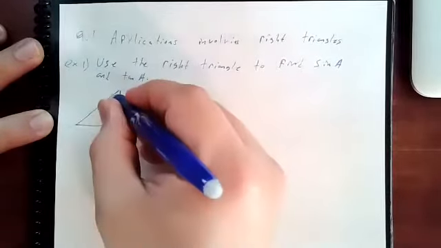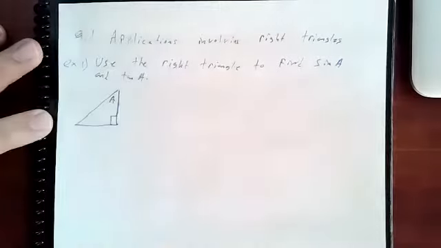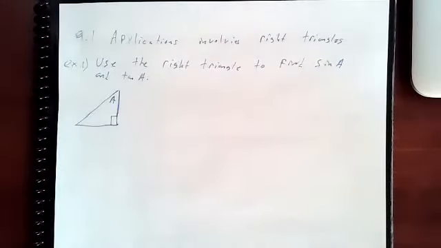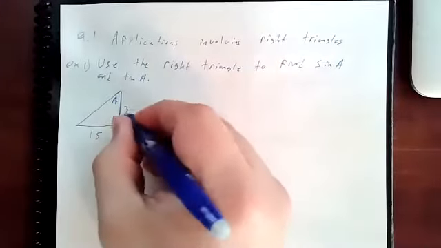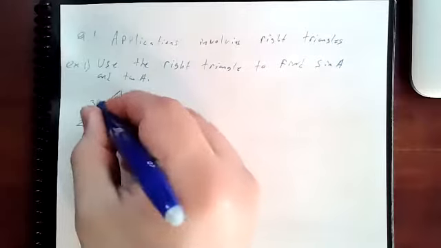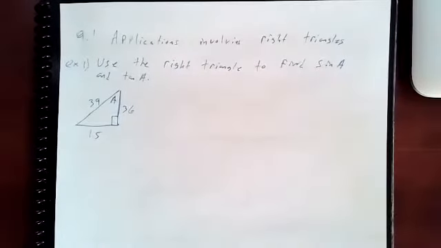They're going to put A up here. So we're going to have something like this. They'll give you a picture and give you the sides. So they'll just ask you, all right, what is sine of A?